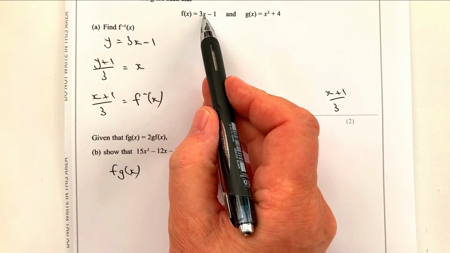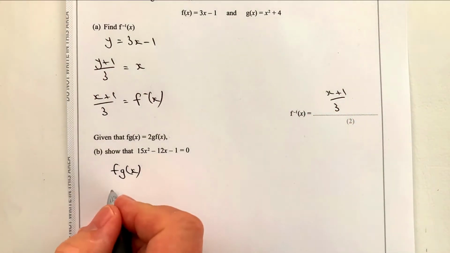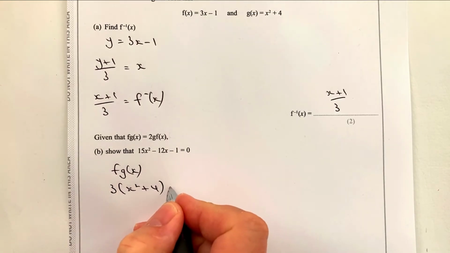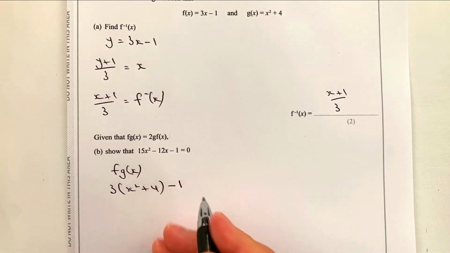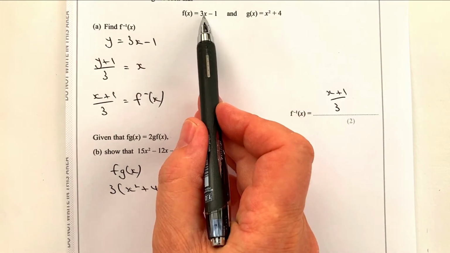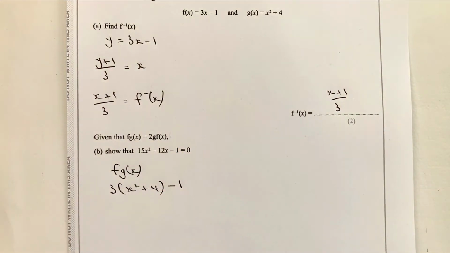So where we see x, it becomes x squared plus 4. So we write this as 3 times x squared plus 4 minus 1. Okay, and that's going to be taking this, putting it in here. 3 times x squared plus 4 minus 1 is the fg of x.